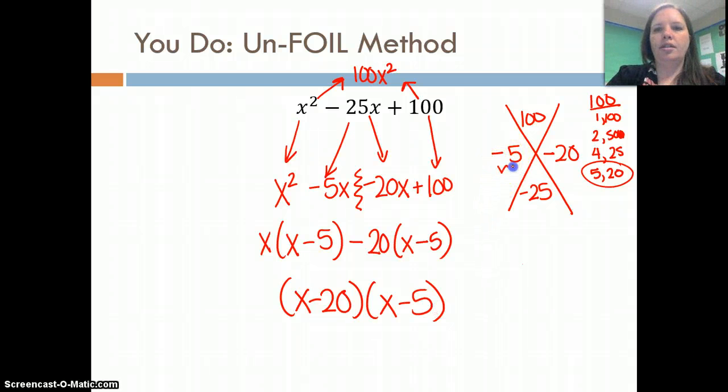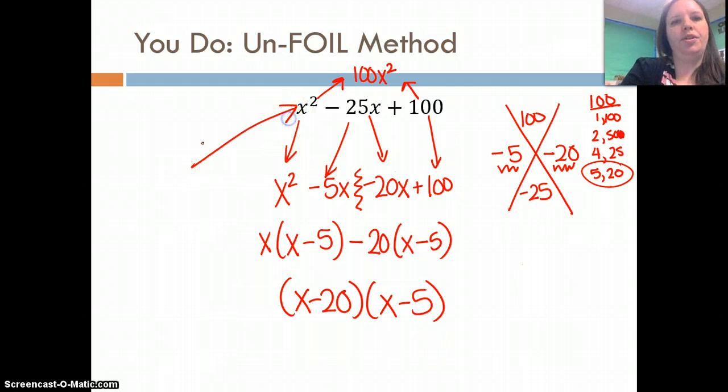Notice here, those are the numbers we used initially to break apart our middle term there. They were the answers to our diamond puzzle. This will always happen, and you may want to note this for yourself.